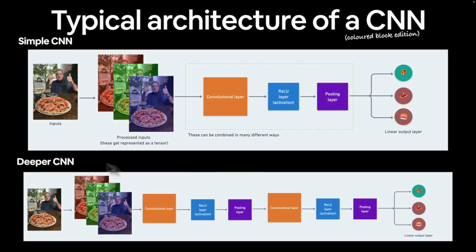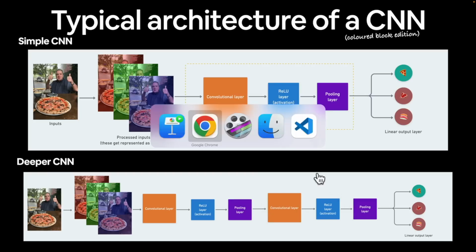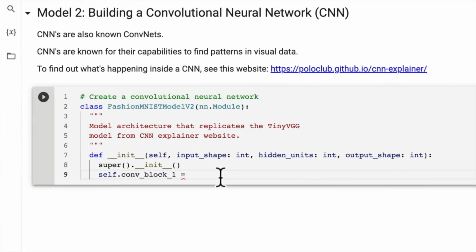A deeper CNN might be comprised of multiple convolutional blocks. So to add to the confusion, a block is comprised of multiple layers, and then an overall architecture is comprised of multiple blocks. The deeper your models get, the more blocks they might be comprised of, and the more layers those blocks may be comprised of within them. So it's kind of like Lego, which is very fun.